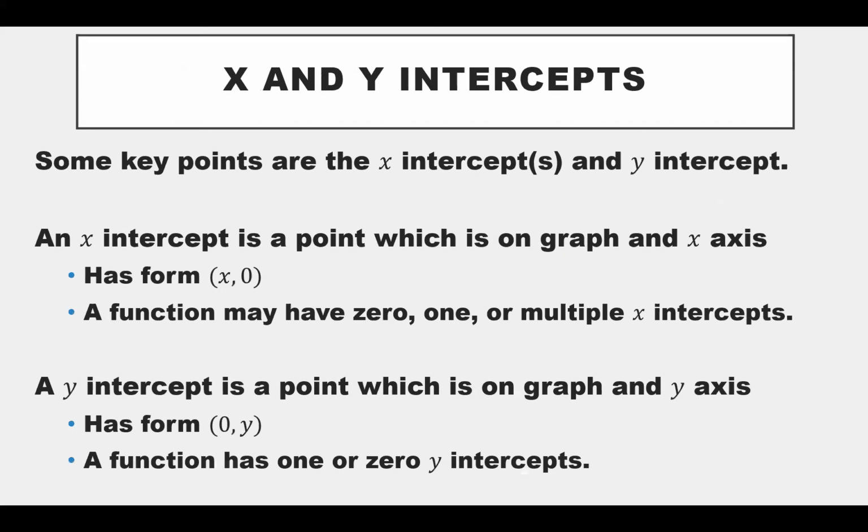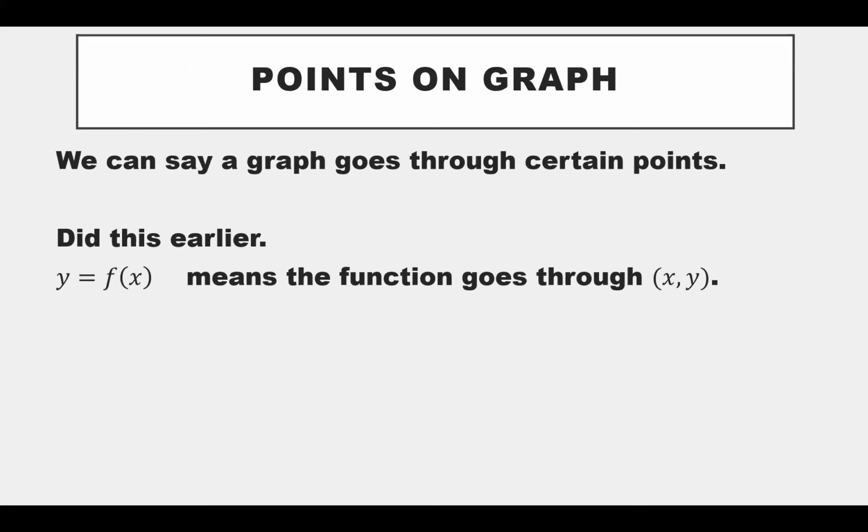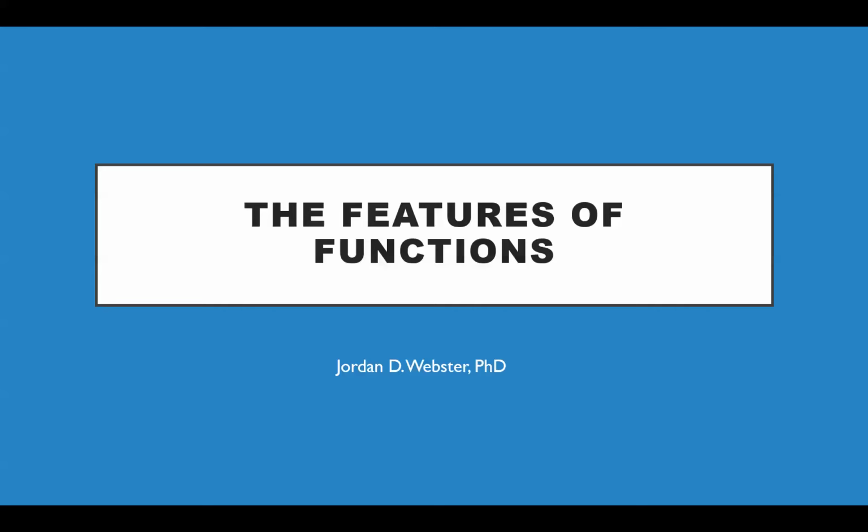We saw increasing and decreasing, x and y-intercepts and just any points on the graph. So that ends this video on features of functions with special emphasis on the average rate of change.